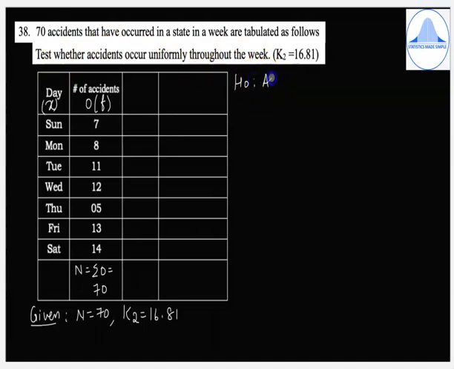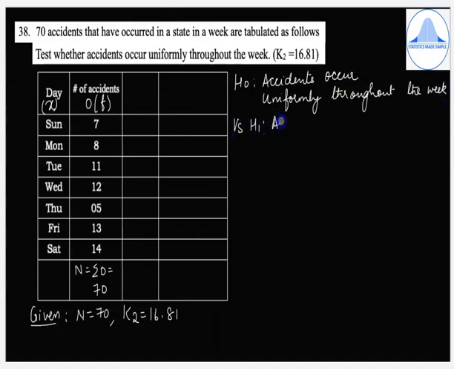So H naught is accidents occur uniformly throughout the week, versus H1, accidents do not occur uniformly throughout the week.